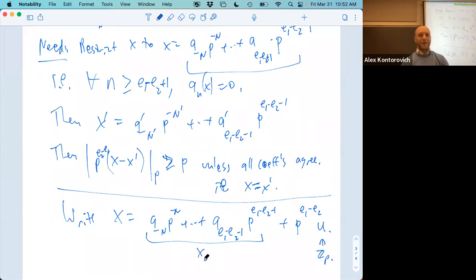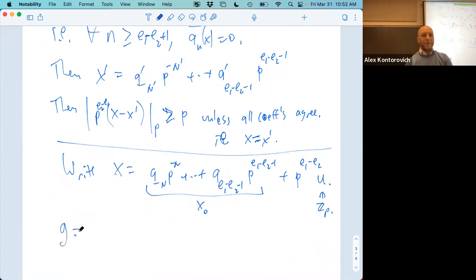Let me write this as X naught. What I'm saying is that any X can be written as something of the form that we want, plus the rest.